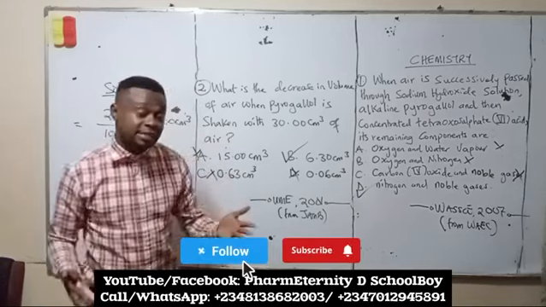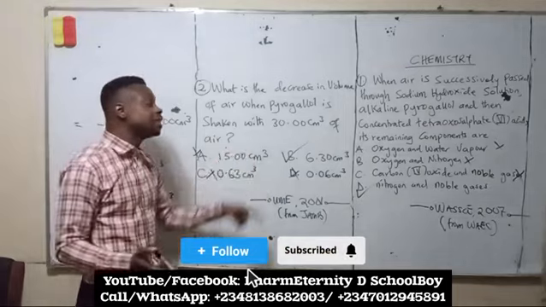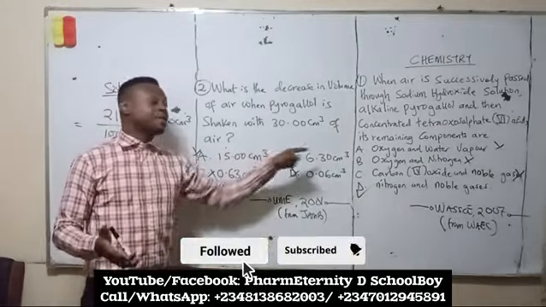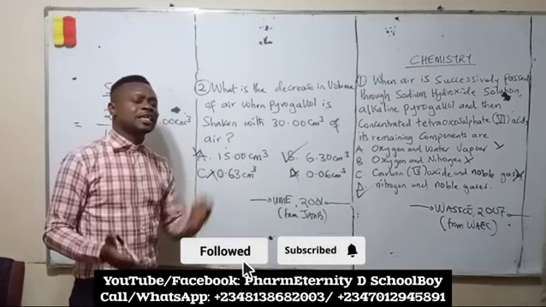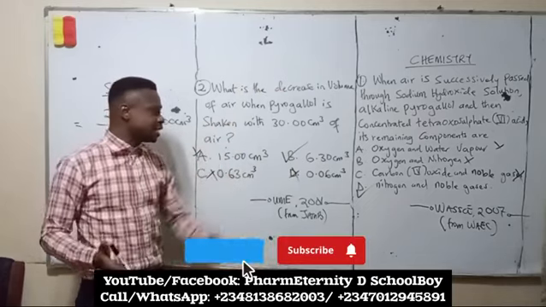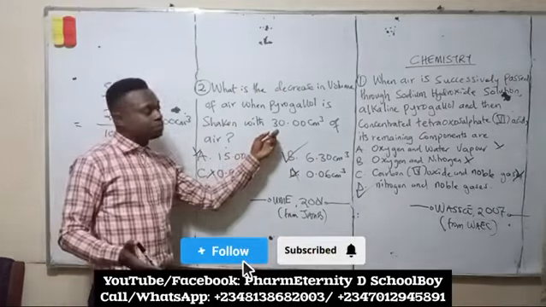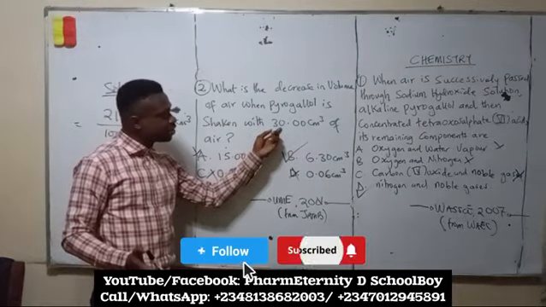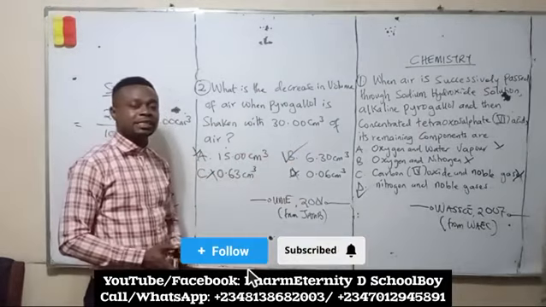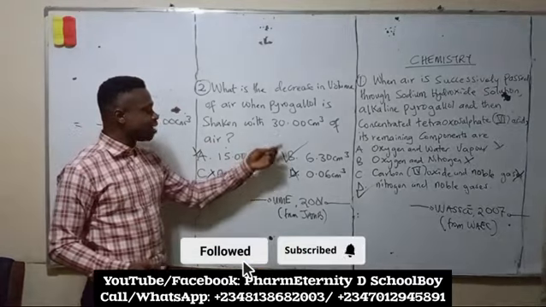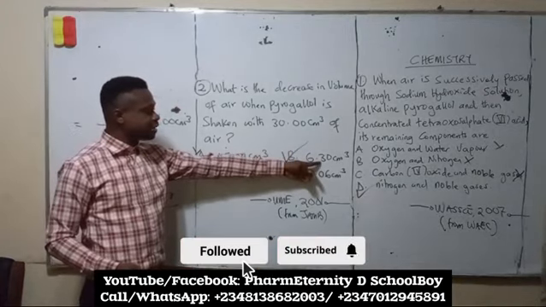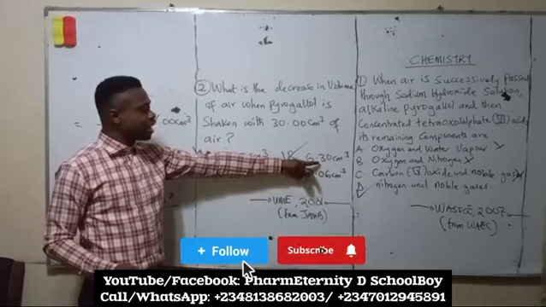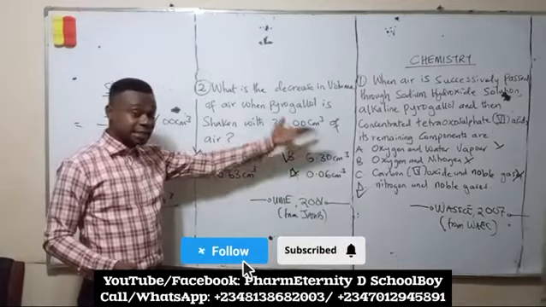You may see a question that will want you to determine the volume of the air that will remain. This one talks about the decrease in the volume of air. If you're asked to calculate the volume of air that will remain, simply do 30.00 cm3 minus 6.30 cm3. 30 minus 6 is 24, and if you subtract 0.3, that gives you 23.7 cm3.